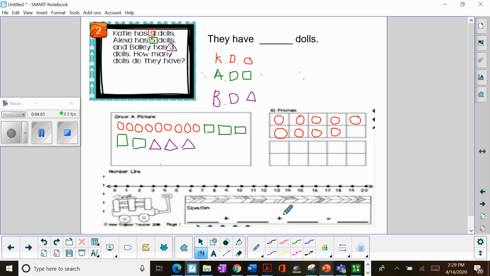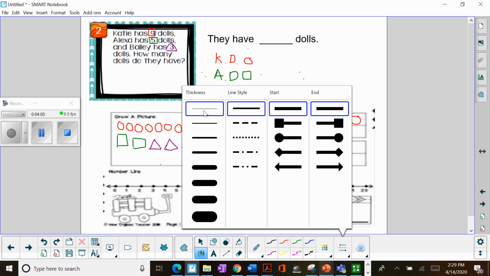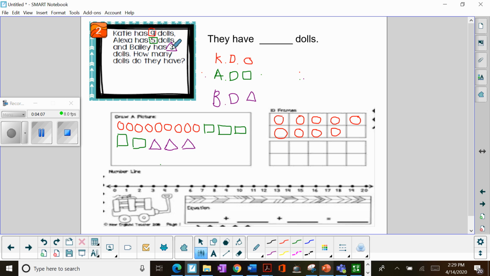Okay, now we're doing Alexa's, so we've got to go to green, make this kind of small line, and we're going to do 5 squares. 1, 2, 3, 4, and 5.